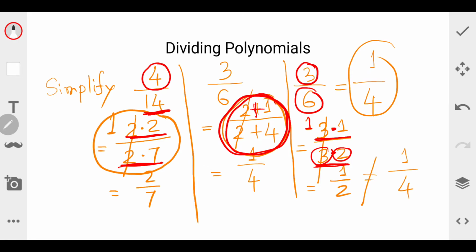Okay, so that's why we cannot do that. So this is very important to understand. So we cannot do 2 plus 1, 2 plus 4, and say, I mean, we can, 3 is actually 2 plus 1 and 6 is actually 2 plus 4, but we cannot cancel the 2's in this case. Okay, all right, so let's look at a different scenario now.